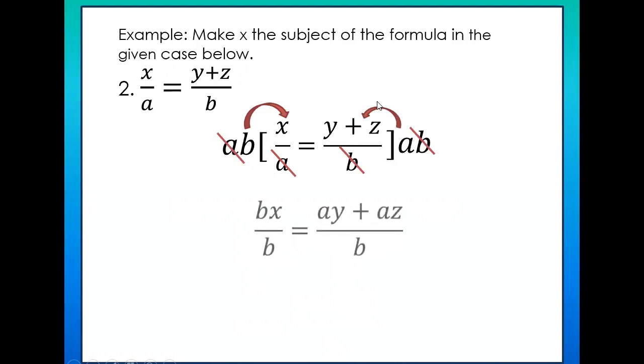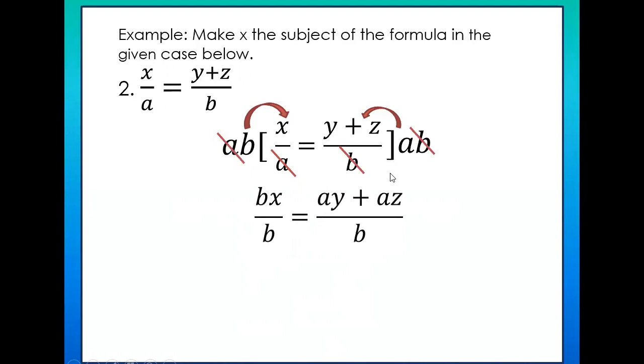So therefore, we have this one as part of the solution: bx equal to ay plus az. The reason why we have b here, upon checking this one, in order for us to remove b on this side of the equation, we have to do the inverse operation of multiplication, that is division.